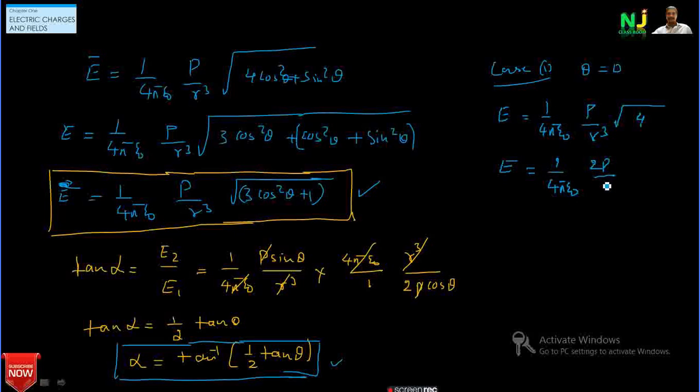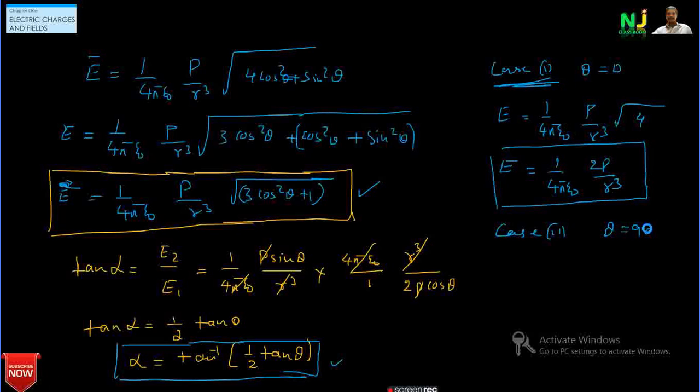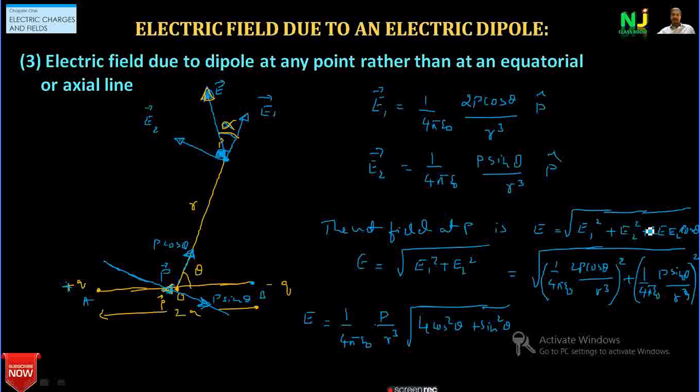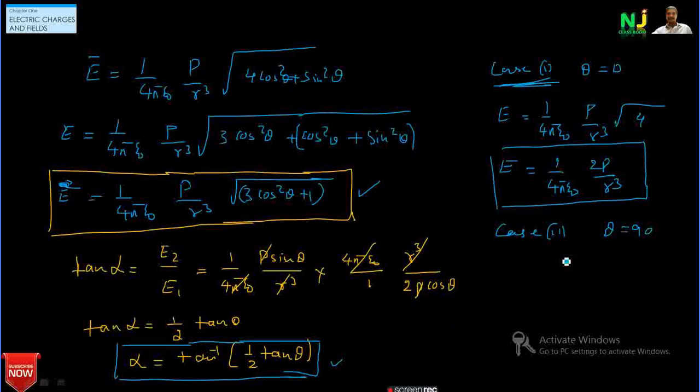Let us go for case number 2. Put theta equal to 90 degrees. What happens? The point is on the equatorial bisector, passing through the center. Cos of 0 is 1, but cos of 90 degrees is equal to 0.